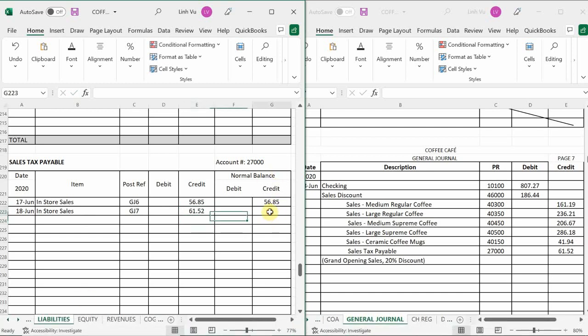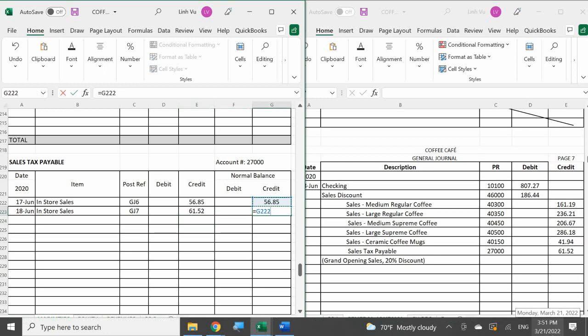So what is going to be my ending balance in my sales tax account? $118.37. Okay. So good. We updated our journal. We updated our ledger. We already said that there's no need for the subsidiary ledger.